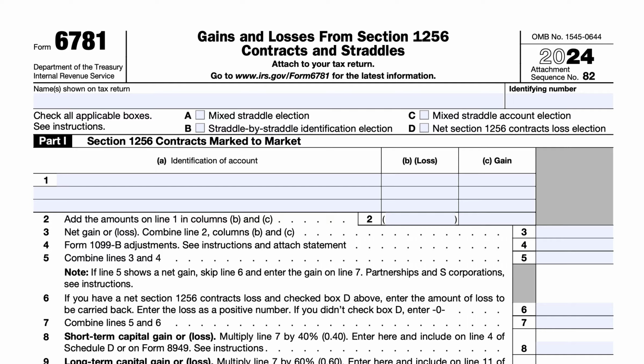those definitions means. So Section 1256 contracts are generally any of the following: a regulated futures contract, a foreign currency contract, non-equity options, dealer equity options, or dealer securities future contracts.